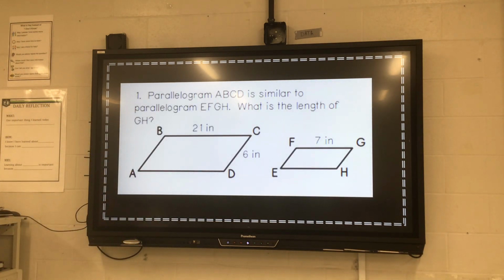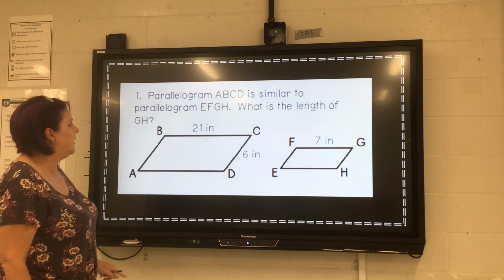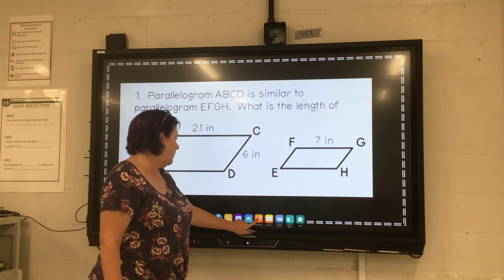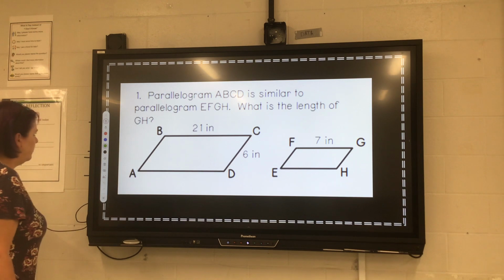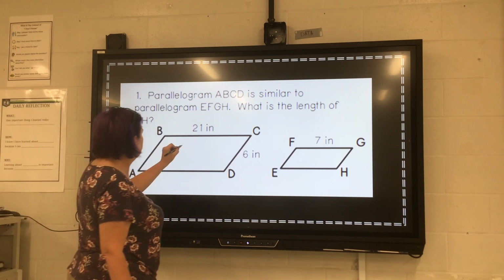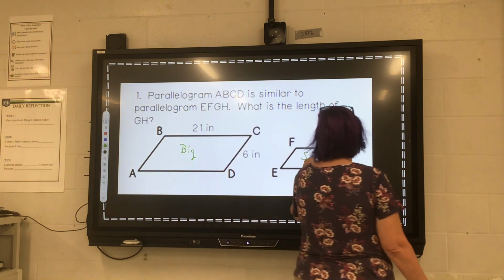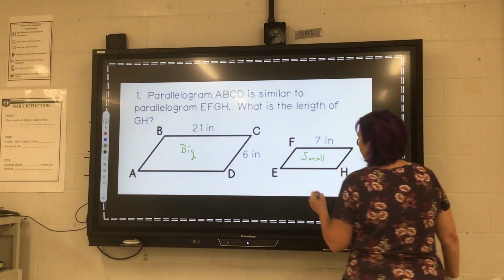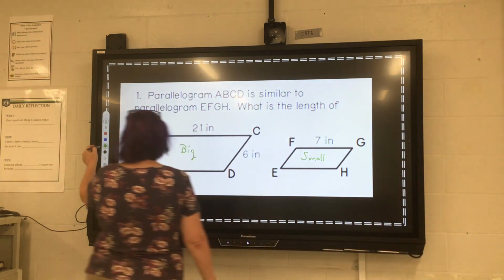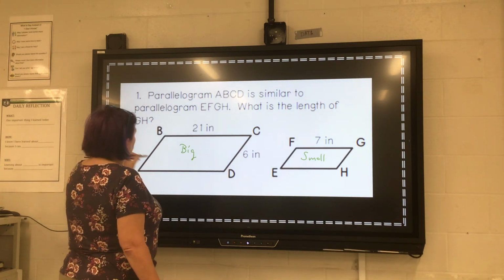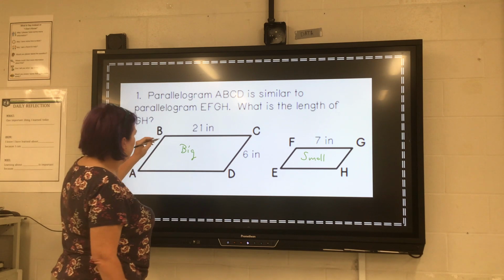Okay, our parallelogram ABCD is similar to parallelogram EFGH. What is the length of G and H? Okay. Once again, I'm going to label everything. This one's going to be my big one. This one's going to be my small one. We'll use the same color, so we'll just mark them.